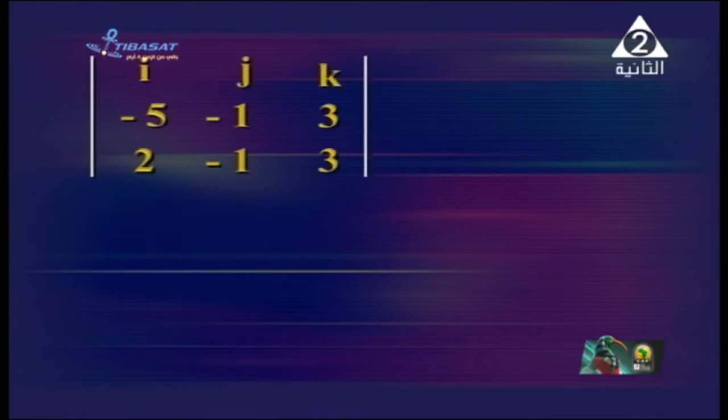By using the determinant, we put i, j, k in the first row, second row negative 5, negative 1, 3, the components of our vector, and the third row the components of the F vector, 2, negative 1, 3.